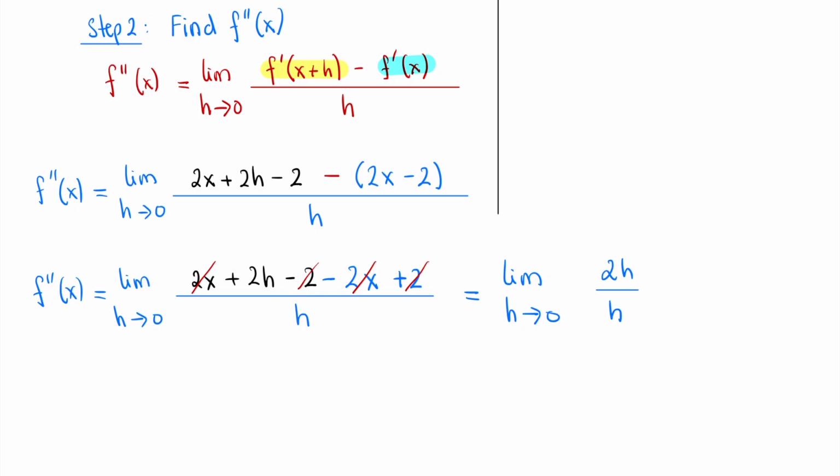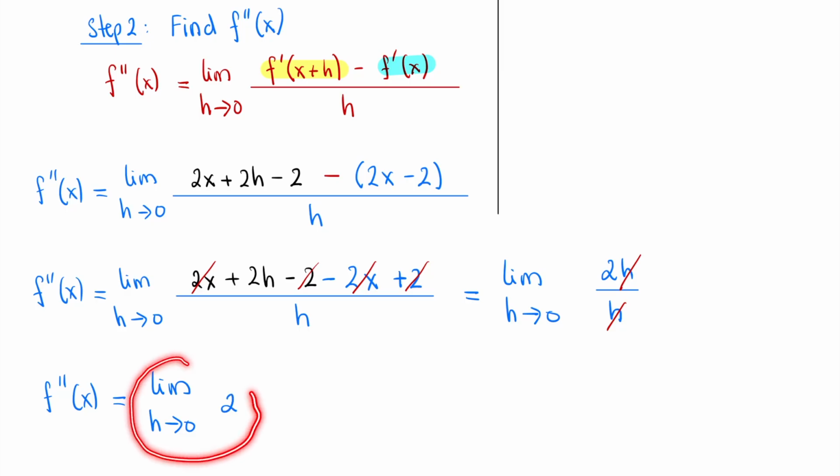Now cancel the h. I have the limit as h approaches 0 of 2. And the limit as h approaches 0 of 2 is 2. So the second derivative of f of x equals 2.